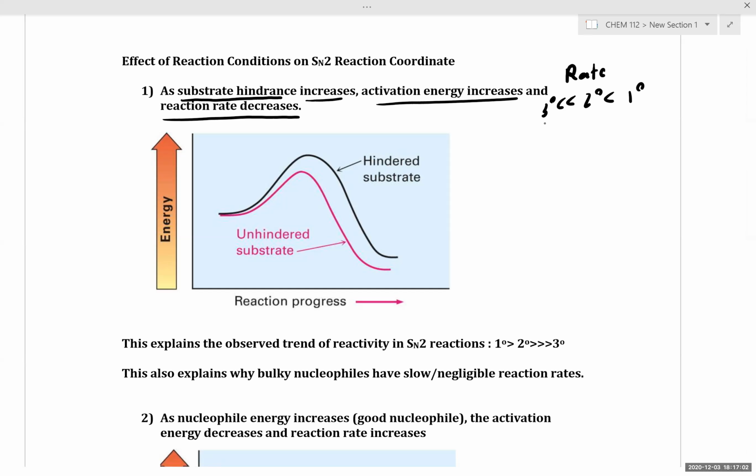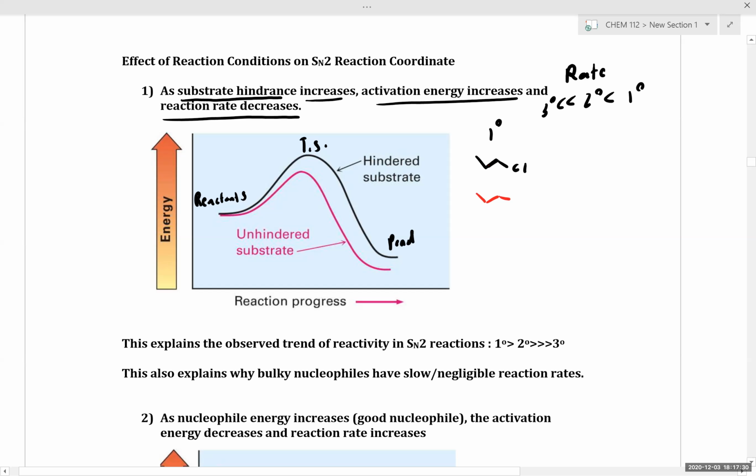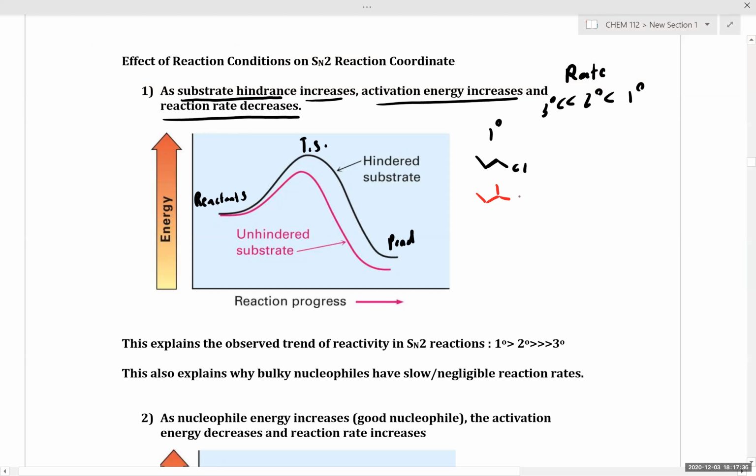So let's look at the two main points on this curve. We have our reactants, we have our transition state, and we have our product. We're not going to worry too much about our reactants, but let's do a side-by-side comparison. So we have this primary alkyl chloride, and we have a secondary alkyl chloride.